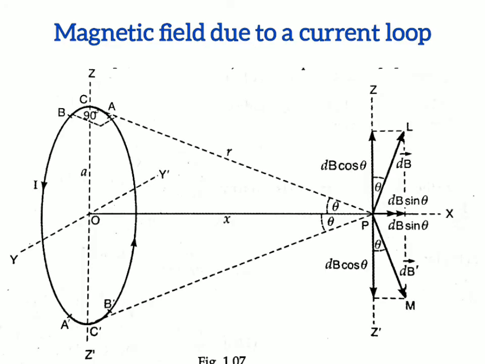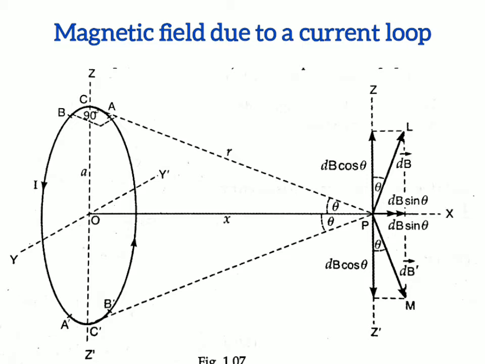So now we'll apply this Biot-Savart's law to find the magnetic field due to a current loop. Here we consider a circular loop of radius A, center O, and carrying a current I as shown in the figure.